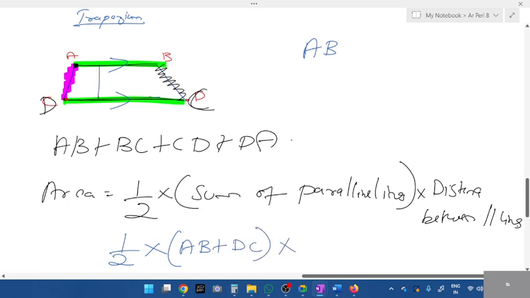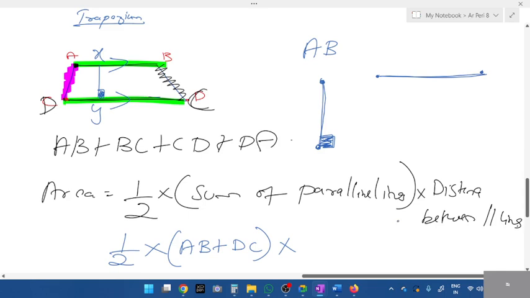How do you find distance, students? In physics, did you all study? What's the shortest distance between two objects? Do you know how to find the shortest distance? You just draw a straight line, right? In the same way, if the 2 points are here, you draw a straight line or height. So distance between any two lines or any 2 points is just a straight line. I'll name it as x and y.